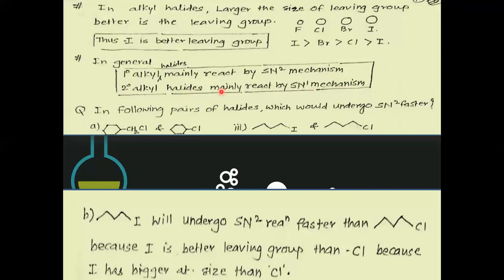Okay, now we will see some examples with their explanation. In the following pairs of halides, which would undergo SN2 reaction faster? So first, this pair is given, and second, this pair is given.